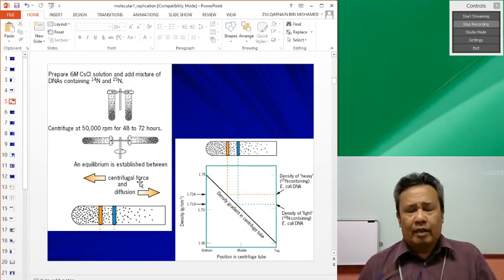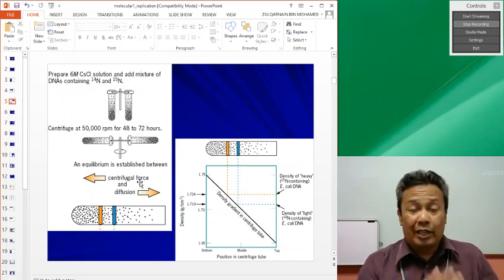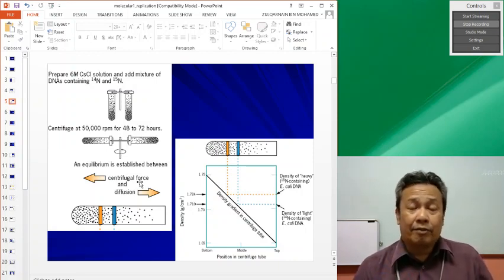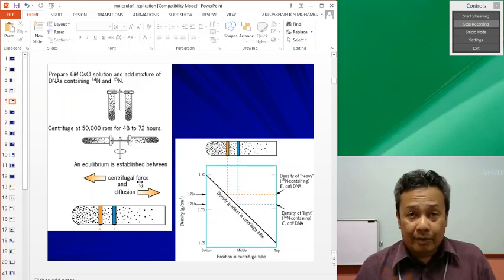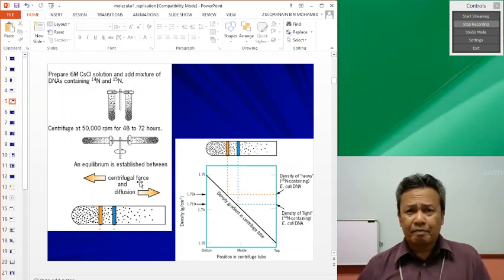If the bacteria are given 14N isotope, all the DNA will have 14N, and if you provide the bacteria with 15N, then you have two different types of DNA molecules in two different cultures.